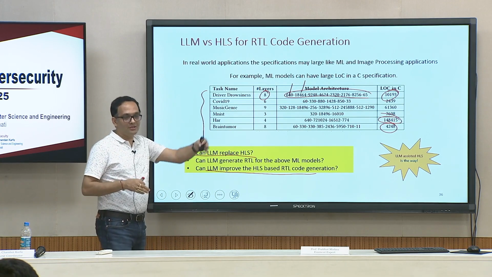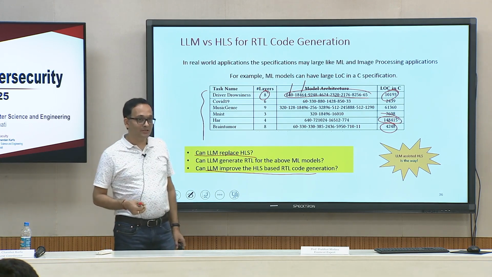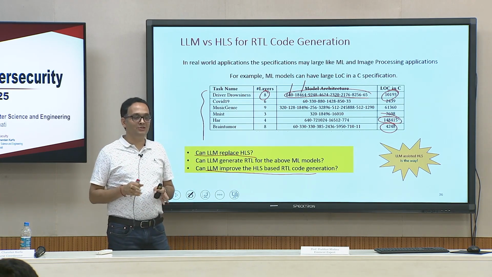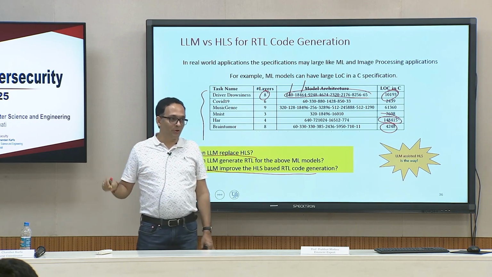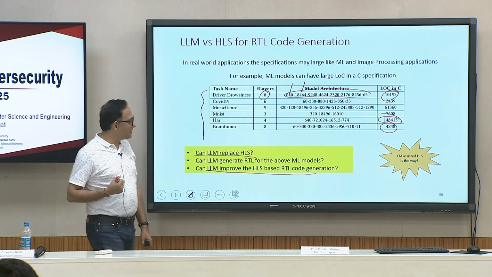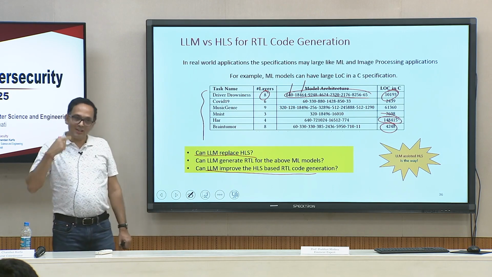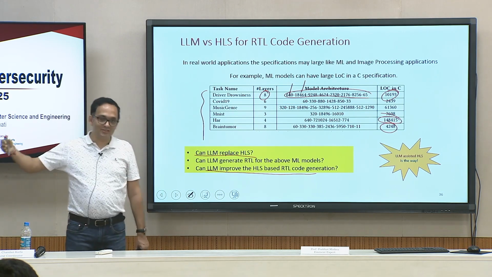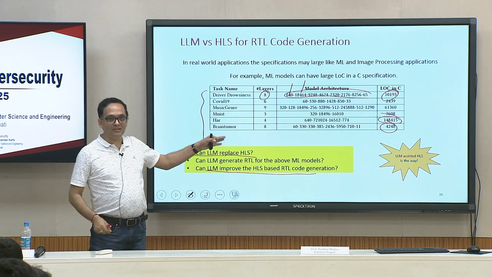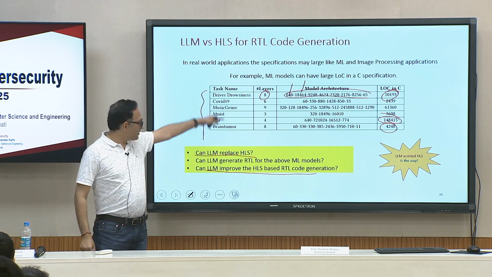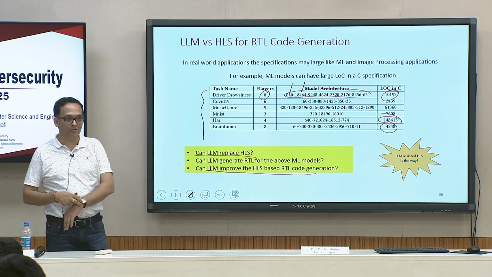I know that is a little bit extra for me, but just to emphasize that high level synthesis is not just a trivial process, a lot of decisions are happening there, and unless you understand the decisions, you will not appreciate that HLS is far better than LLM in generating Verilog code from C.